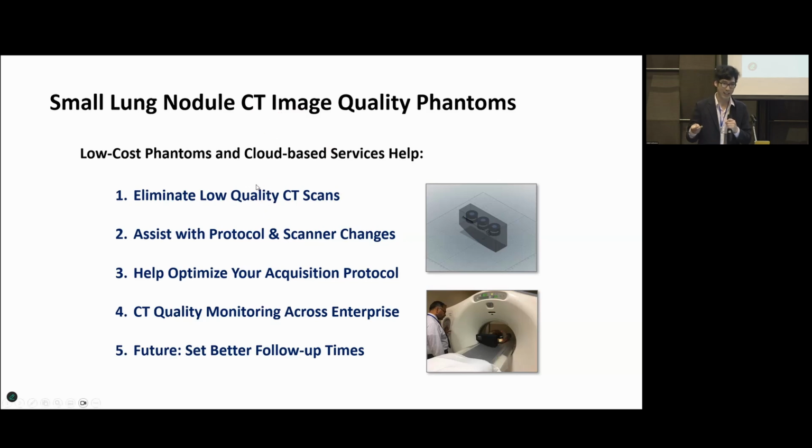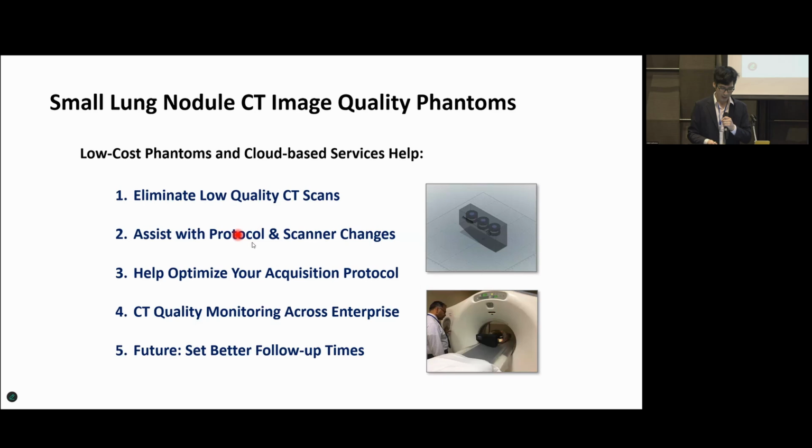And this is not to say that particular scanners or scanner manufacturers are bad. It's just that you can change the protocol, as Dr. Gibb showed us yesterday. You can make changes in the protocol to improve the measurement. So it doesn't take any new hardware. It's just making better selections in terms of the acquisition protocol.